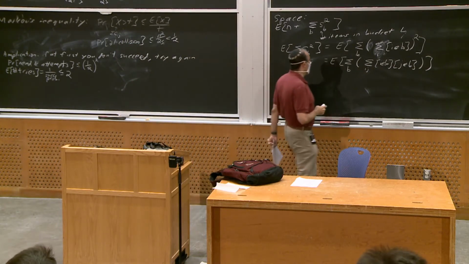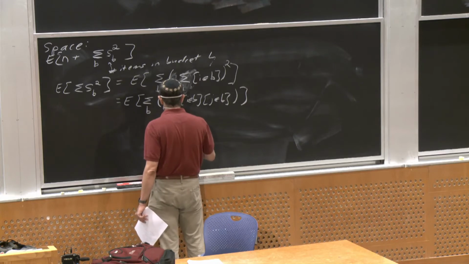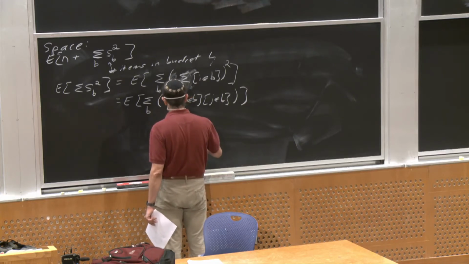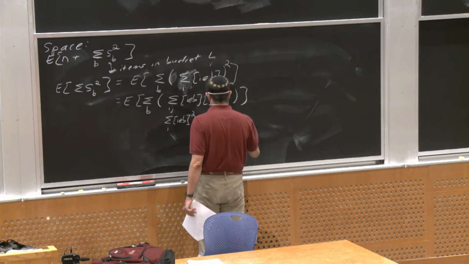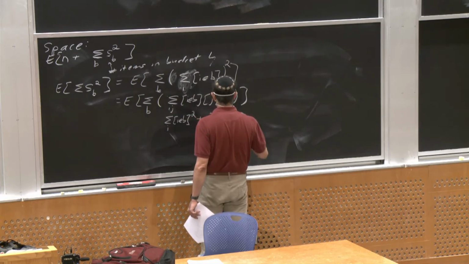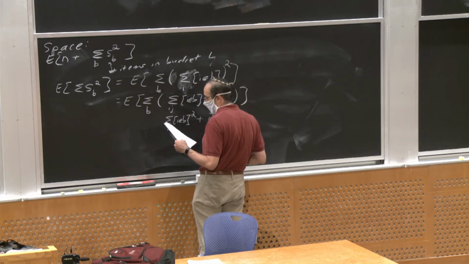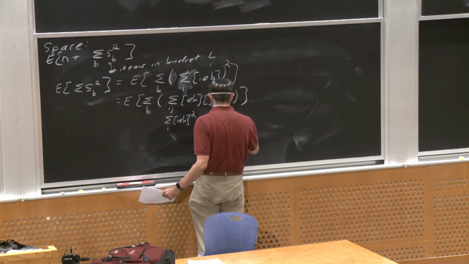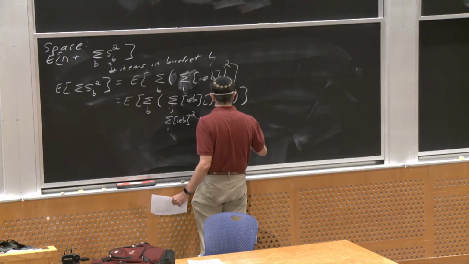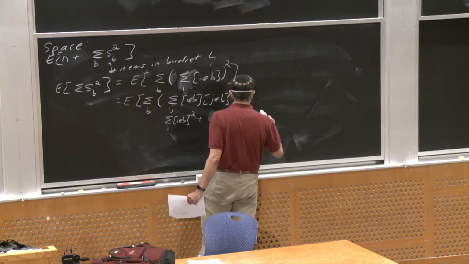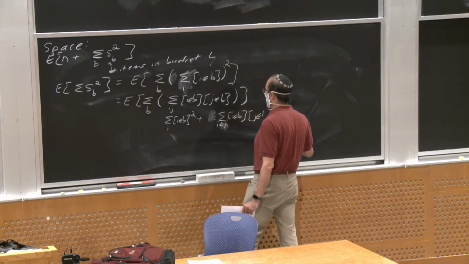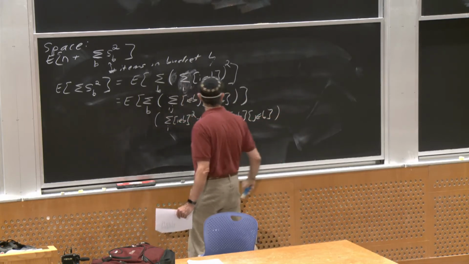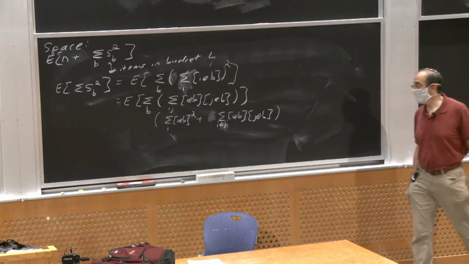So there's going to be pairs where I and j are equal, and then there's going to be all the terms where I is not equal to j, of I is in B and j is in B.